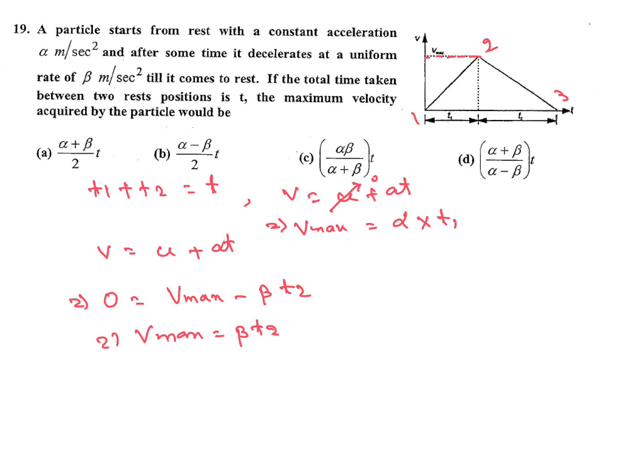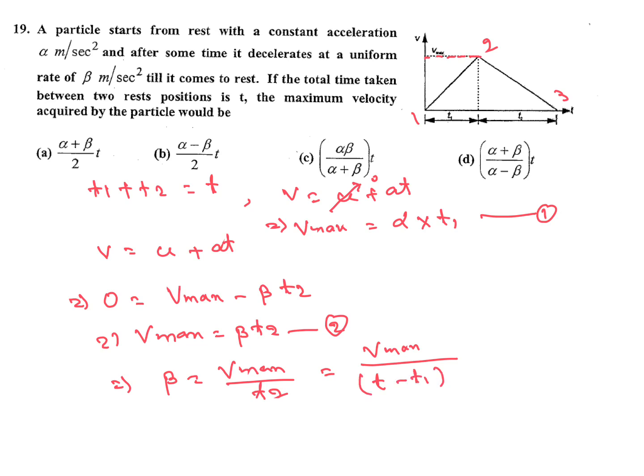So from 1 and 2 we get beta equal to V max by T2. T2 we already know, it's total time T minus T1, so V max by T minus T1.